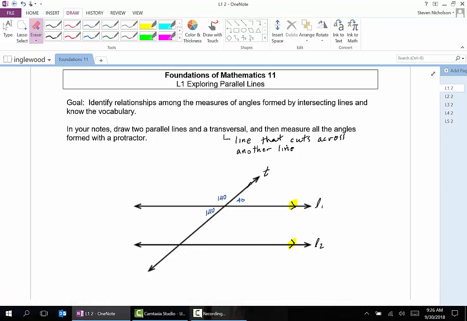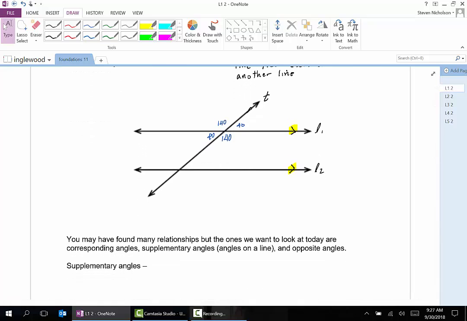If they're pretty close, that's good enough. And here's what we would find. And I really hope it's obvious that you might see some relationships. Now, there's a bunch. We're just going to look at a few right now.